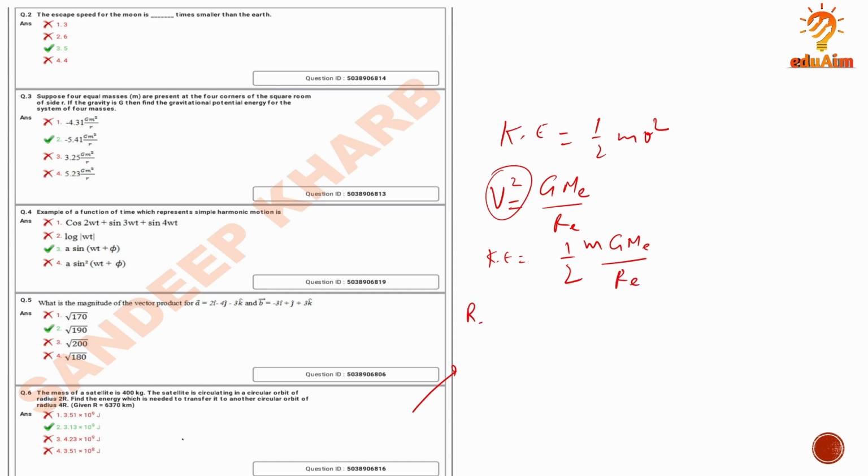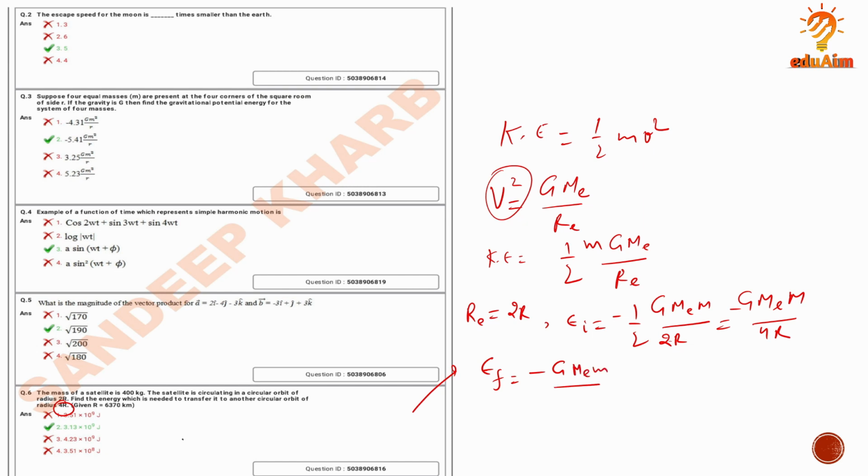Firstly the radius is 2r, then the initial energy is 1 by 2 GMe by re, where in place of re we put 2r, then it is minus GMe by 4r. The final energy, now the radius is 4r, so multiplying 4r by 2, it becomes minus GMe by 8r, and the change in energy is Ef minus Ei.